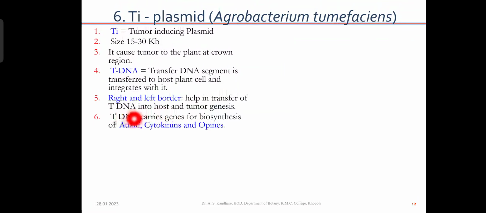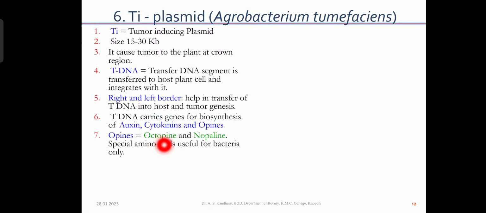Then tDNA carries genes for biosynthesis of auxins, cytokinins and opines. So this tDNA region of the Ti plasmid has auxin, cytokinin and opine producing genes. वो वहाँ जा कर के ये प्रोड्यूस करते हैं सेल के अंदर. It produces certain special amino acids called opines. So opines are of two types, that is octopine and nopaline.